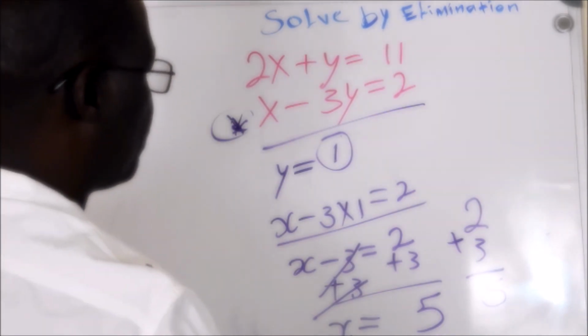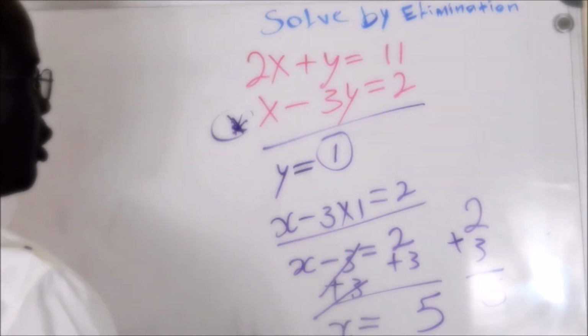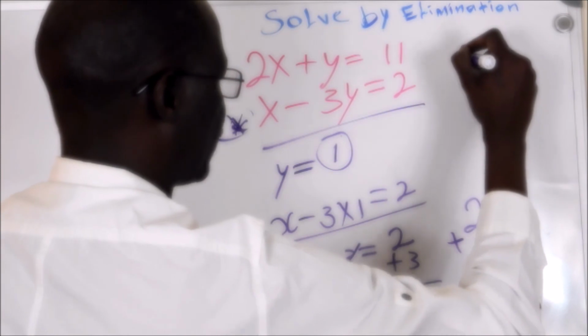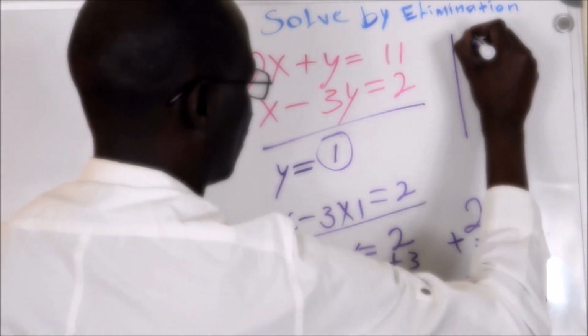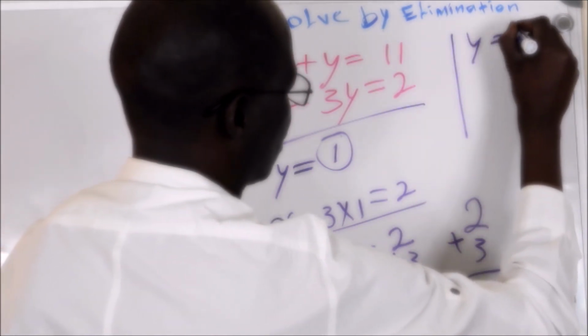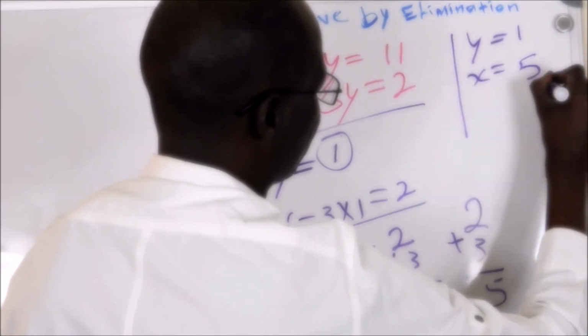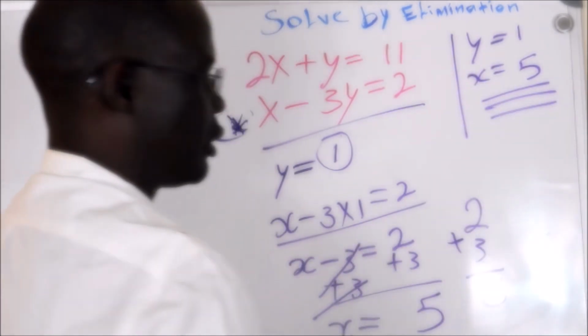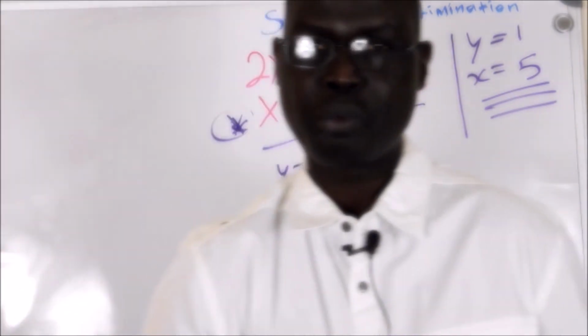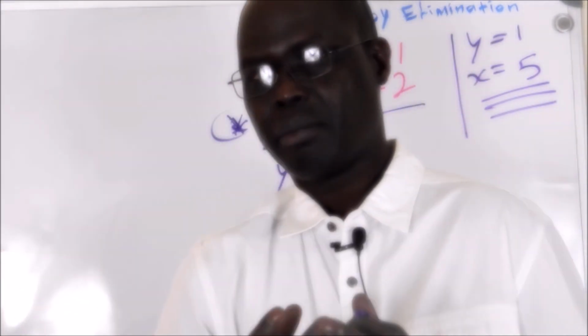So based on this, we can say y equals 1, x equals 5, and that's how you find the value of x and y.